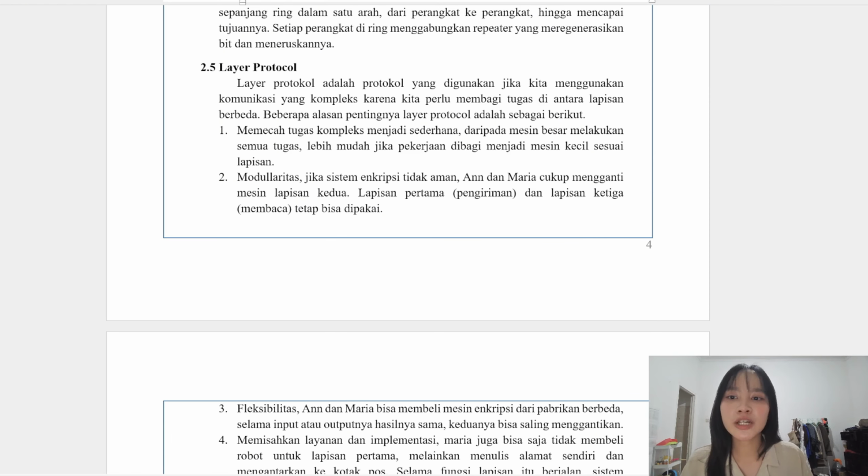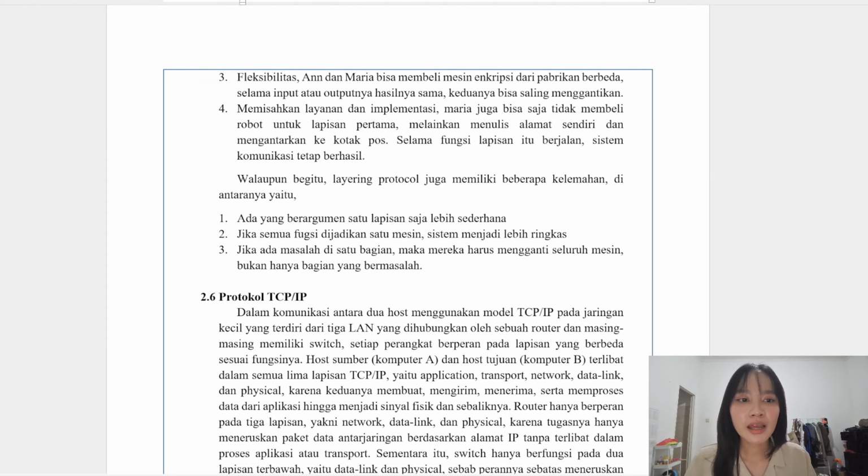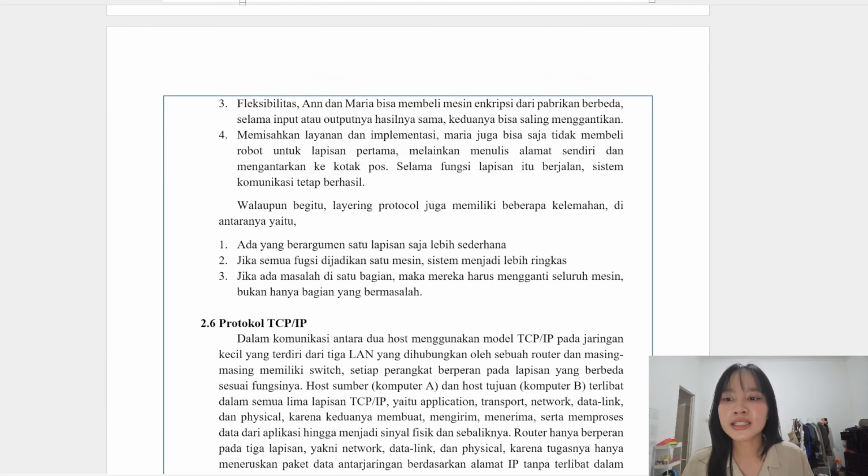If the encryption system is not secure, Anne and Maria can simply replace the second layer machine. And the third one is flexibility. Anne and Maria can purchase an encryption machine from different manufacturers as long as the input or output results are the same. And the fourth one is separating services and implementation.